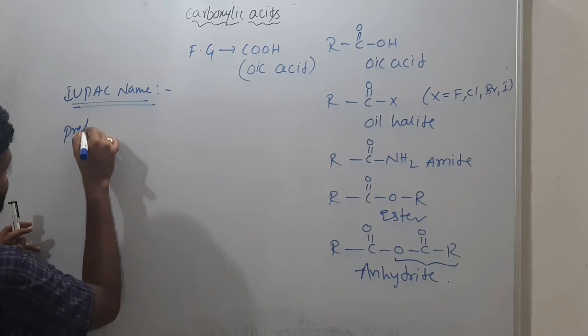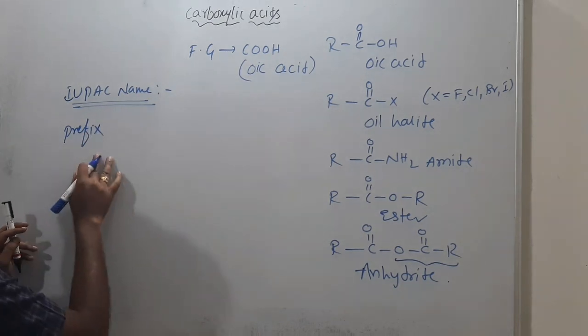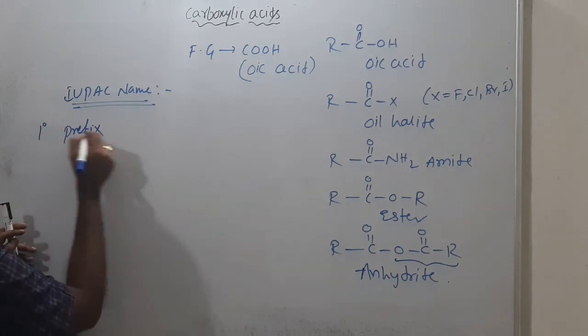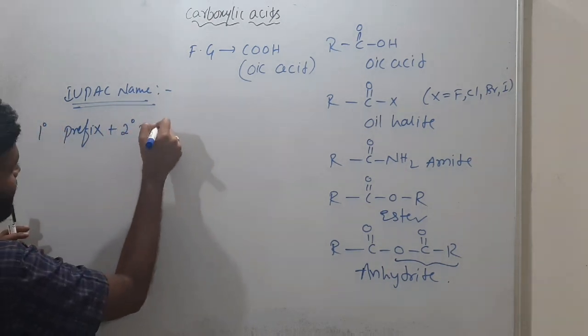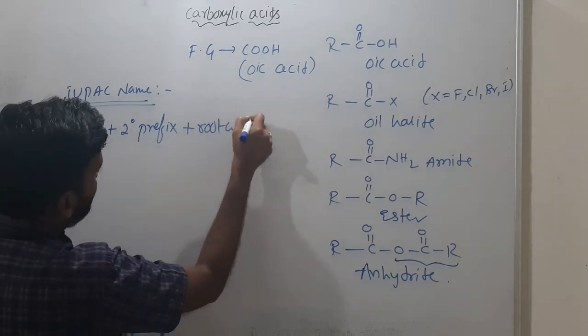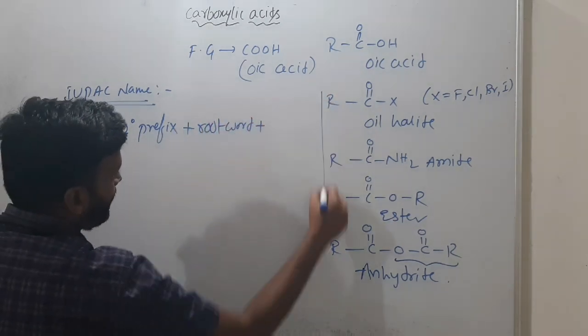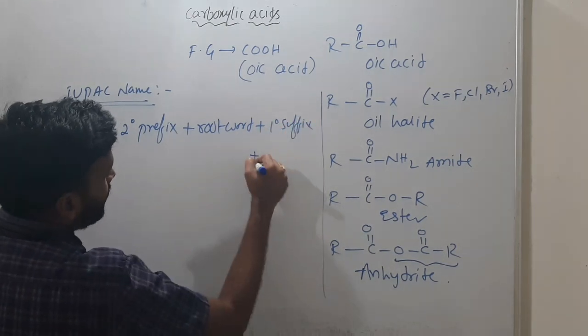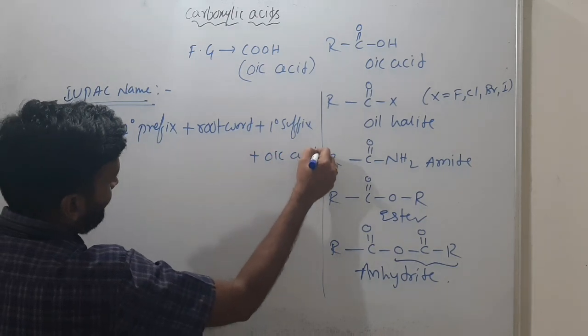So first, prefixes: there are two types, primary prefix and secondary prefix, and then the root word, and then what you have? Primary suffix, and then oic acid.